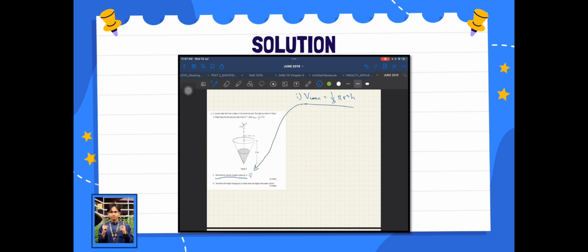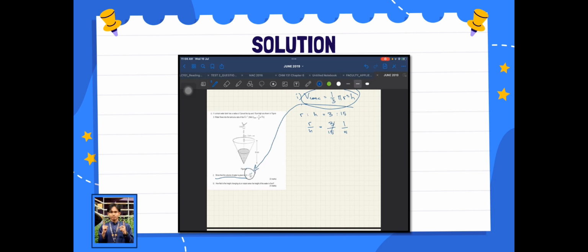The first thing we can do is find the ratio of radius and height, which is 3 and 15, or we can write r/h = 3/15. And here we can simplify it to 1/5.